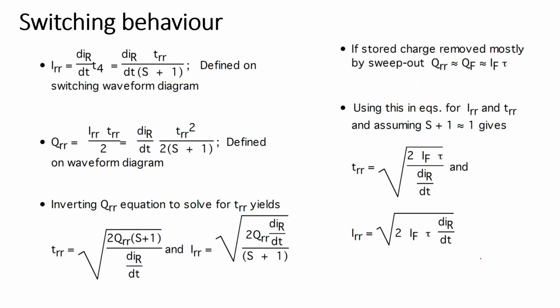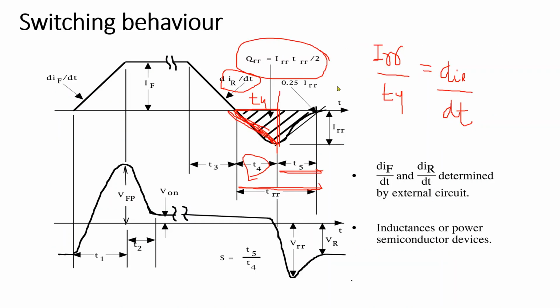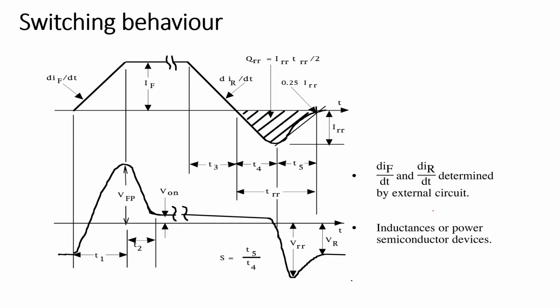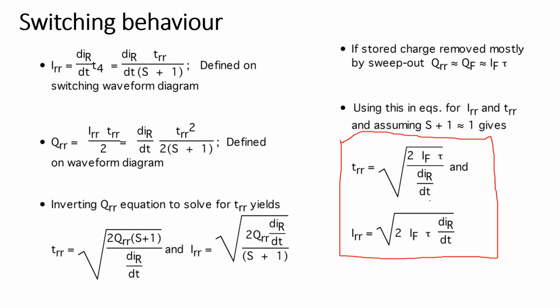These two expressions give important details about the switching behavior. If the reverse current rate is high, then TRR is low, right? But if this rate is high, then IRR is high.